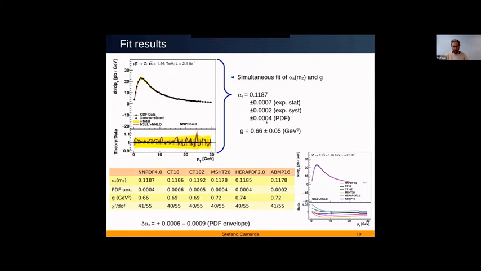The fit is also yielding a value of g that is 0.66 GeV squared with an uncertainty of 0.05. By repeating the fit with different PDF sets, we get a spread in alpha S that is plus 0.6 minus 0.9, 10 to the minus 3.